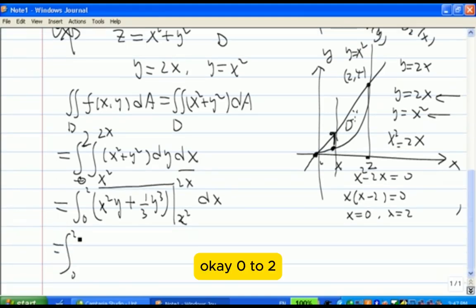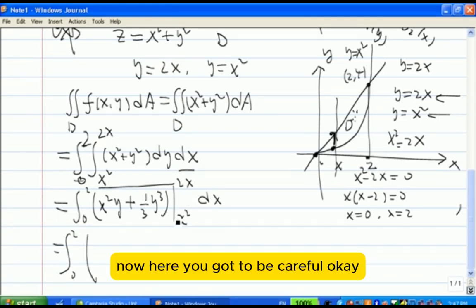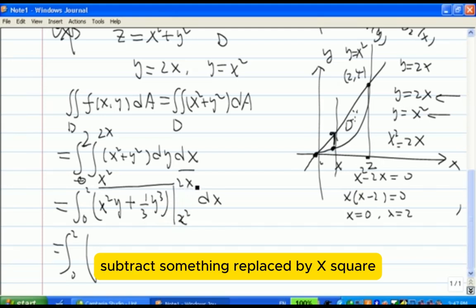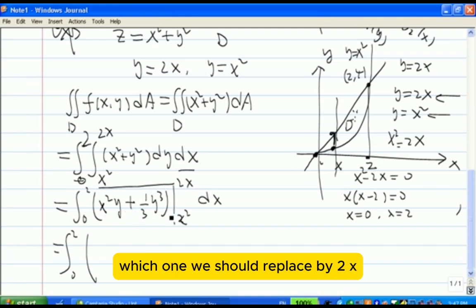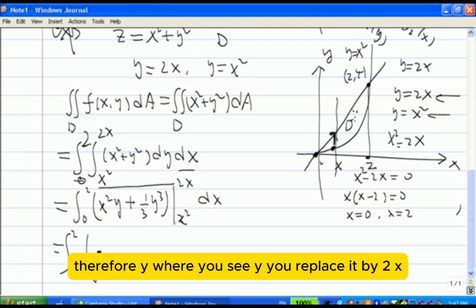Okay, 0 to 2. Now here you have to be careful. We're going to replace something by 2x, and subtract something replaced by x squared. So we have x and y here. Which one should we replace by 2x? Since this is an integral about y, whenever you see y, you replace it by 2x.